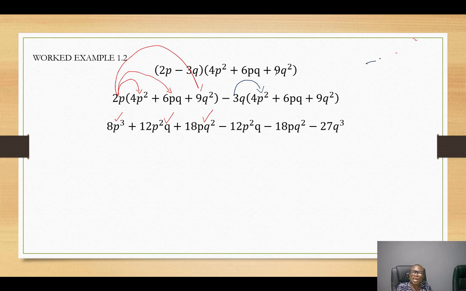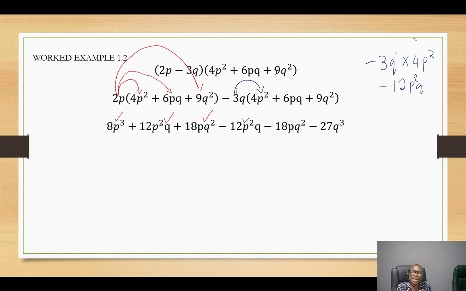So I'm multiplying negative 3q with 4p squared. Negative 3 times 4 is negative 12. So it's negative 12 p squared q. I prefer to start with p. If you're thinking of negative 12 qp squared, still right, but it's a matter of preference here. I prefer to start with variable p first. So it's minus 12 p squared q, which is this one.